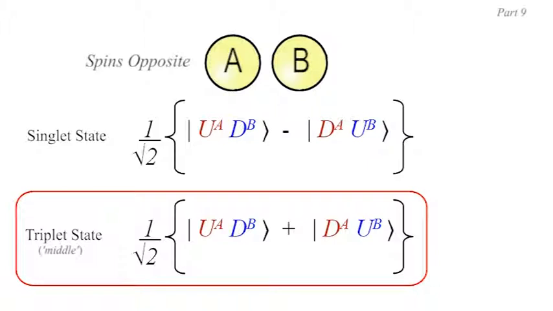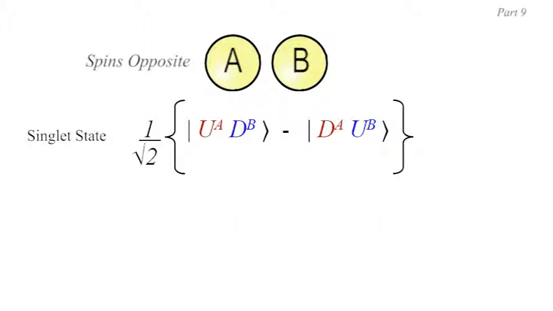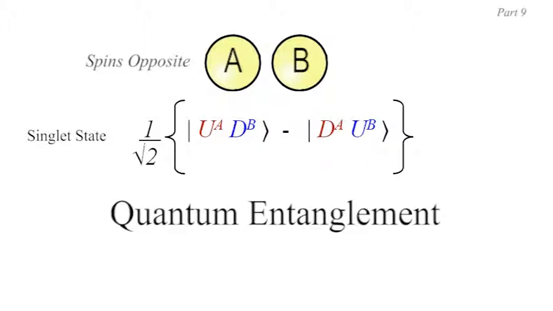You can study it if you wish yourself, as long as you realize the difference between the triplet and the singlet states, a sign, plus for the triplet and minus for the singlet. For now, as I say, we will stick with the singlet state and explore this in more detail. It is in many ways more straightforward than the triplet state, and it does link quite nicely to our initial discussion about classical entanglement using bar magnets and the like. It should also be enough for us to gain a reasonable appreciation of quantum entanglement.